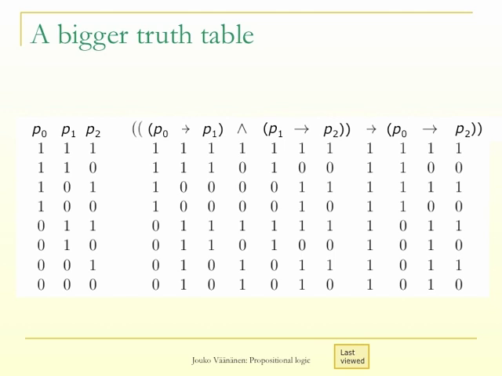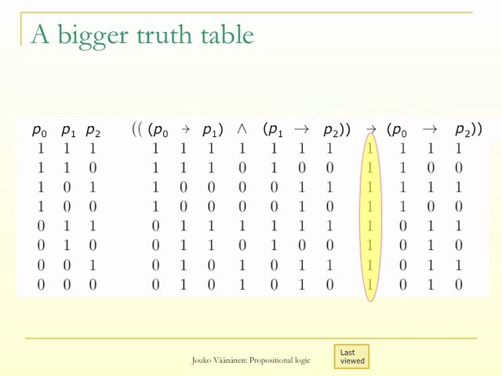At first look, it may seem that the propositional formula in question is incomprehensible, as such a long formula might very well be. As it happens, this formula seems to state a kind of transitivity of implication.